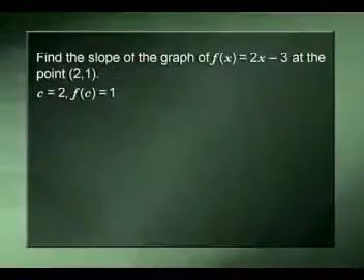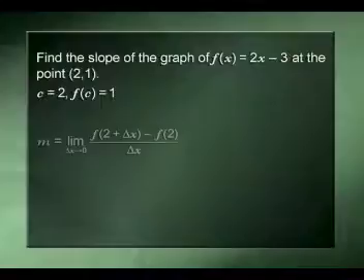So here we go. Here are the characters. The point that we're approaching is 2. So c will be 2, and f of 2 is 1. That's f of c. So we use our definition. It's the limit as delta x goes to 0 of f of 2 plus delta x minus f of 2, all divided by delta x. Now watch what happens. What's f of 2 plus delta x?